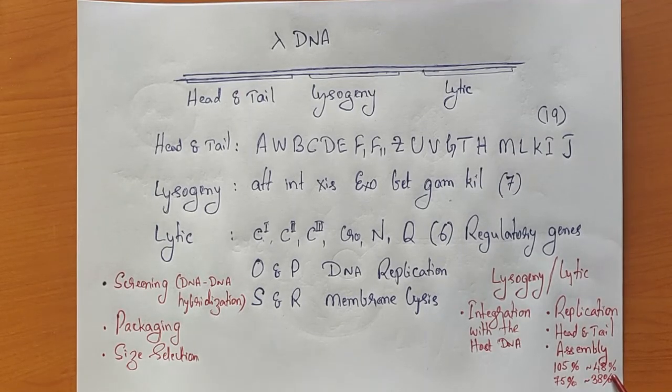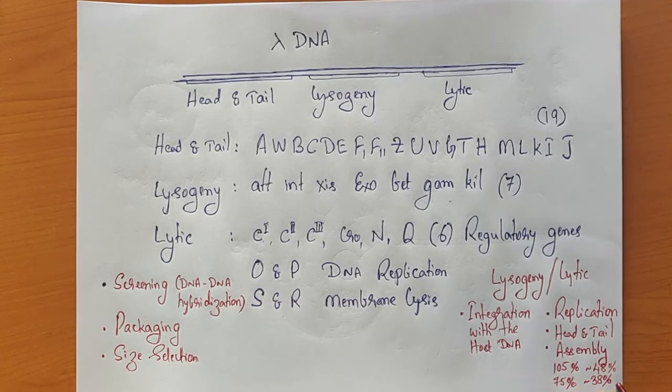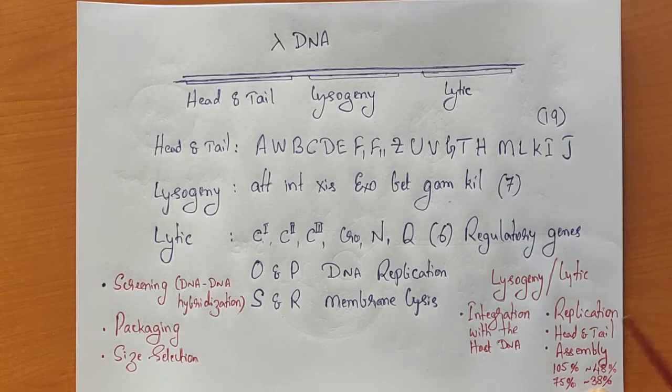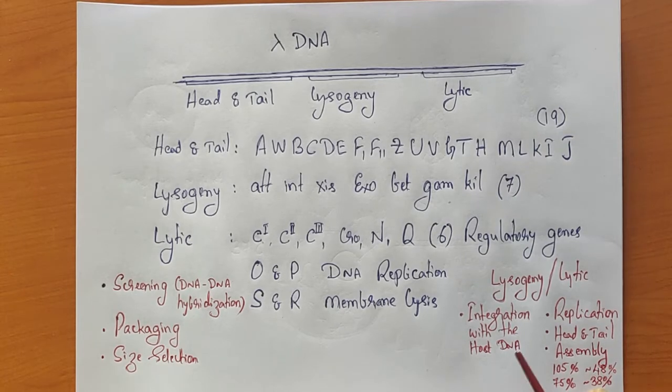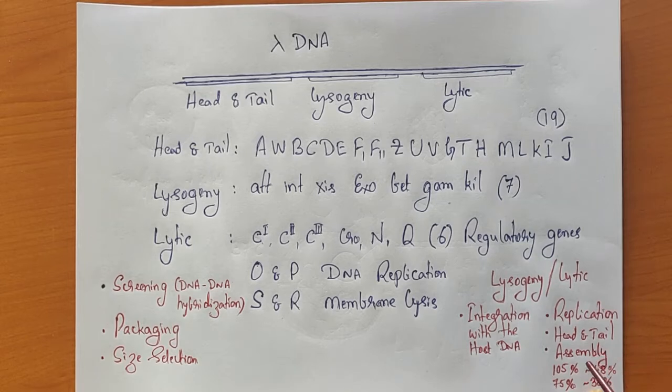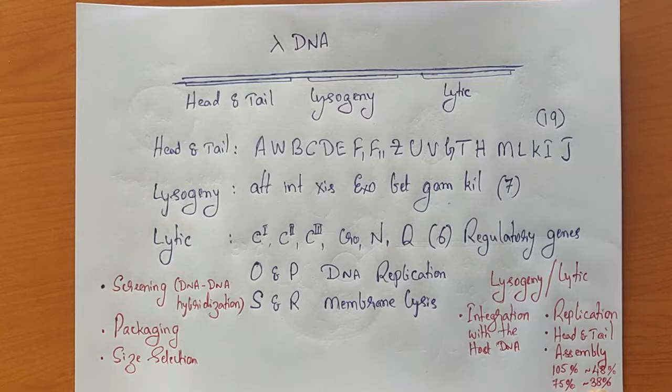Sometimes this particular DNA can also harbor additional DNA. So once it has got additional DNA, how long can this length be? It can be increased by another 5% more. If it is more than 5%, then the length of the DNA is not suitable for packaging.